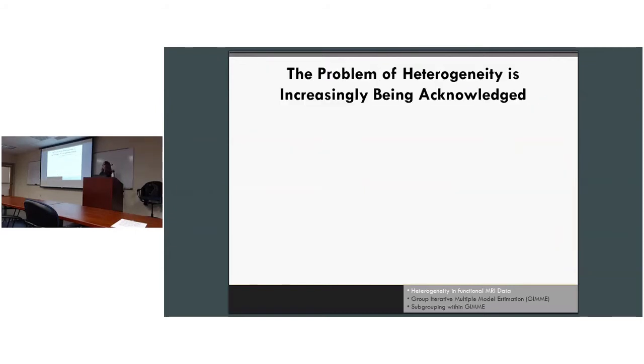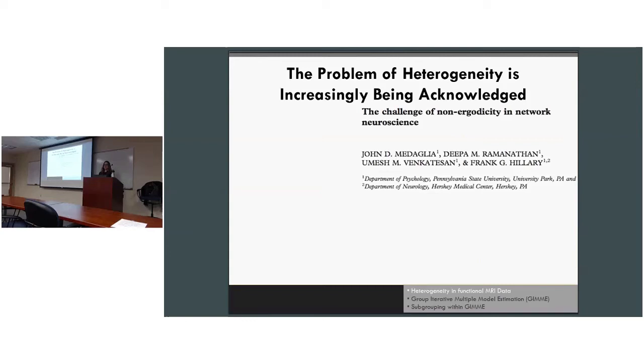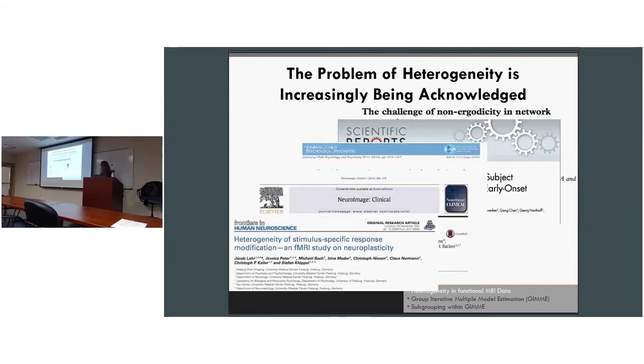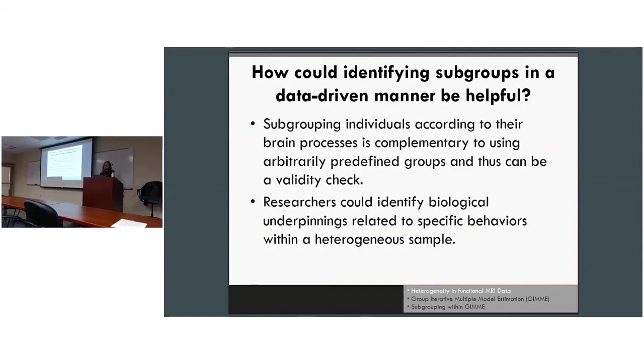So we're not the only ones in my team doing this. In the past year, we have seen 5 other people publish exactly on this heterogeneity problem. And so we're hoping that this is good timing for it. And the ways that this could help with some sciences is that if we subgroup people according to brain processes, we can check that the predefined groups are actually the best dimension upon which to categorize people.